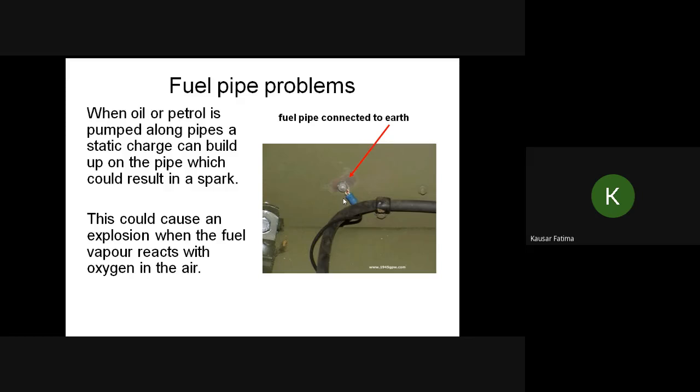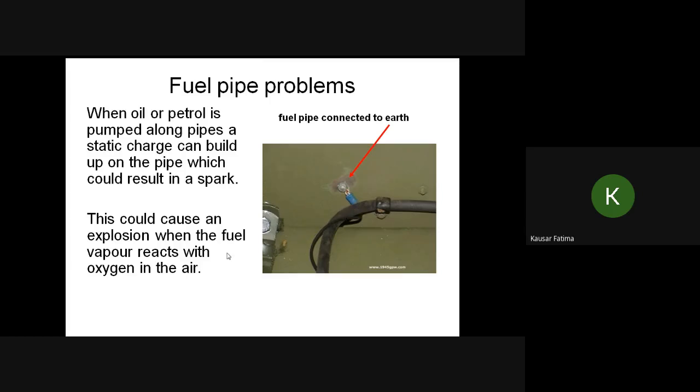It may be a problem when you get your vehicle to the pump, and the pump nozzle may be charged. The pipe might have charge in it due to the friction. When oil comes out of the nozzle, the friction between the nozzle and this oil will cause these two to become charged, and that explosion again can occur.